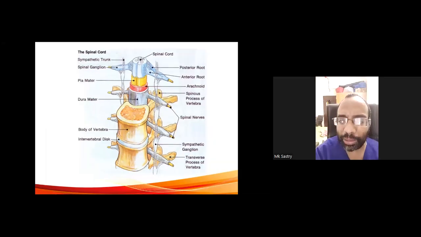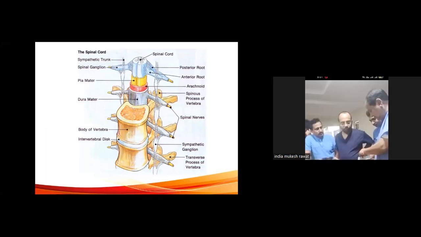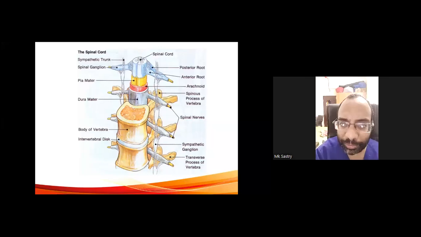So this is the anatomy of the spinal cord. Am I clear? Yes, sir. The uppermost is the spinal cord. If it is injured, everything is what? Damaged.